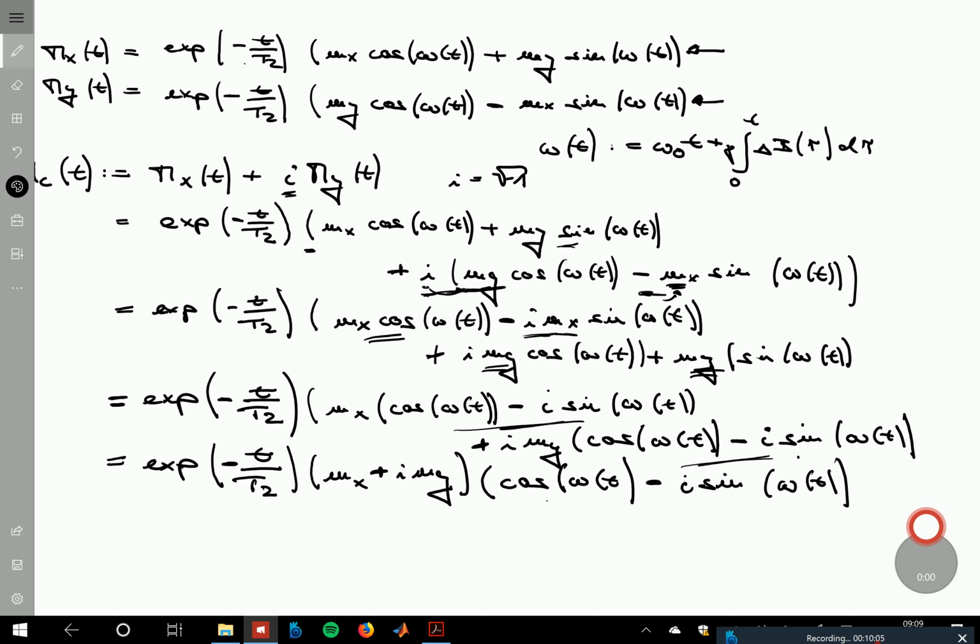So if you again resolve the brackets, you get mx times this first term here, and here you get plus I my times cos omega t minus I sine omega t, so you get this term back. So it's simplified.